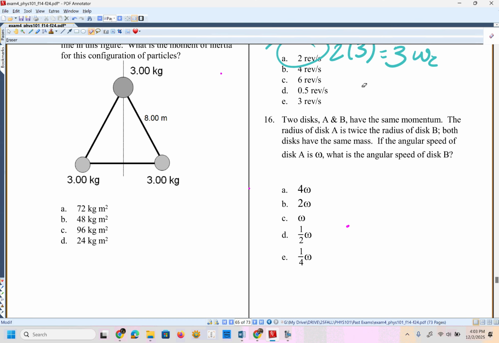Okay, let me ask you a question. If I have two objects and they have the same angular momentum, and one of them has more energy than the other, which one is going faster? The one with more momentum, or the one with less momentum?